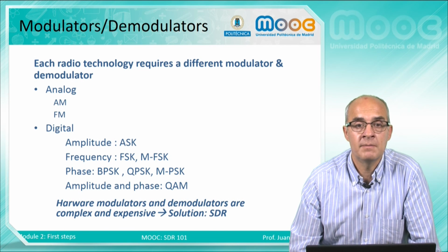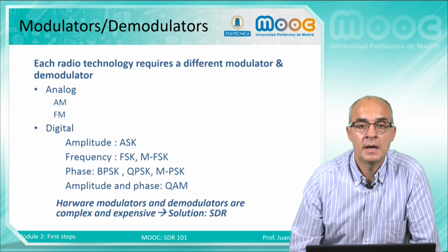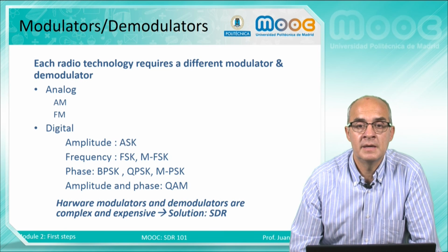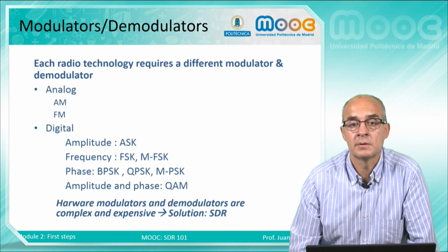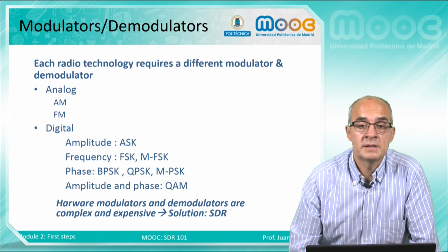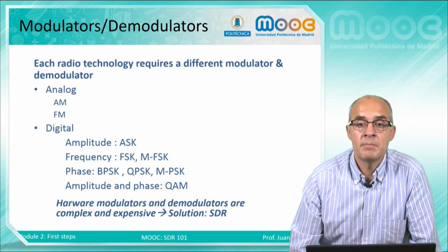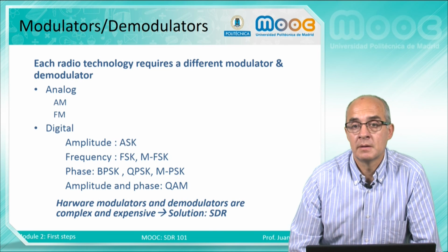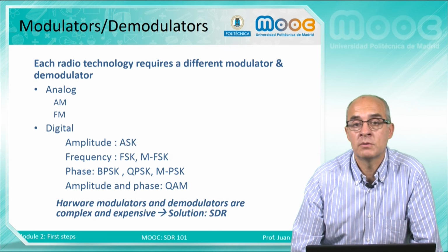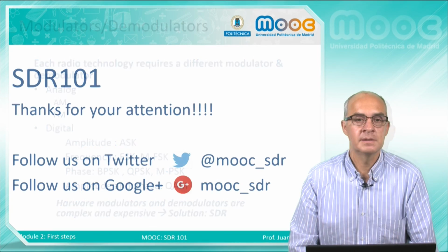AM, FM for analog, or ASK, FSK, any of them needed a different modulator or demodulator. Now this hardware modulator can be replaced by a software-defined radio system where the modulator is implemented as a software modulator or demodulator. That's it.